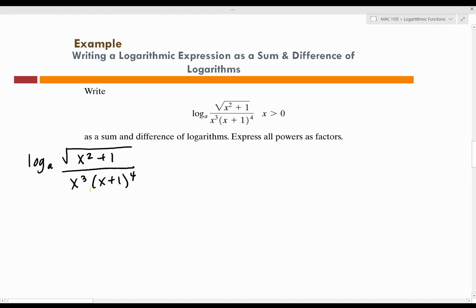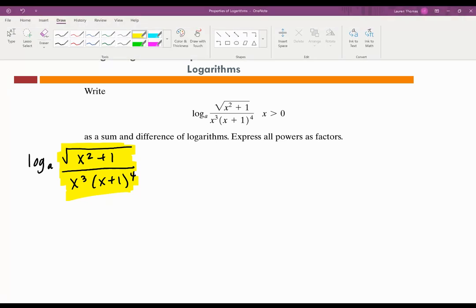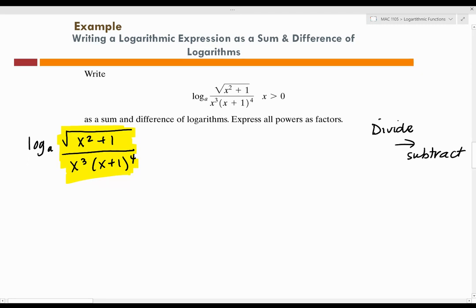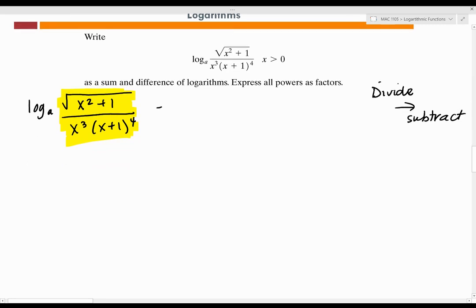The overall operation that I see is division. Remember, division gets expanded by subtraction. So where that division is, I'm going to break it out using subtraction. It's going to give me log base a of the square root of x squared plus 1, minus log base a of x cubed times (x plus 1) to the 4th power.